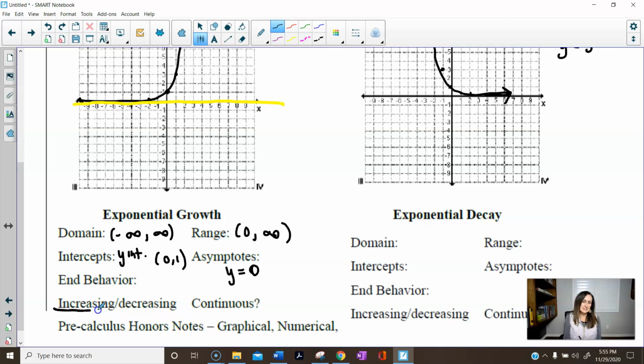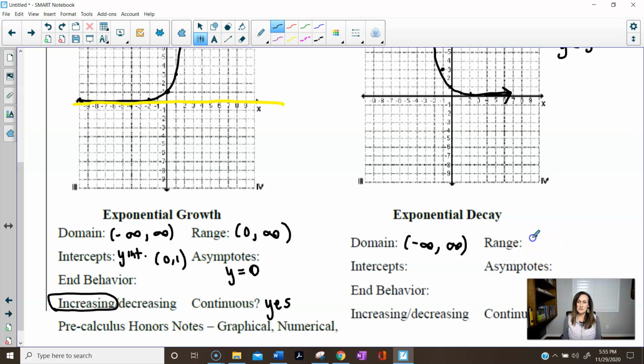This graph is considered increasing because from left to right, we're moving up. And yes, this graph is continuous because we can trace our pencil along it and not lift it up. So it is continuous. Exponential decay: the domain again is going to go from -infinity to infinity, which is left to right forever.